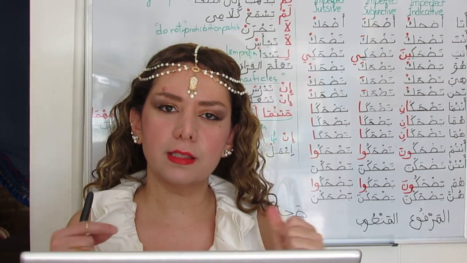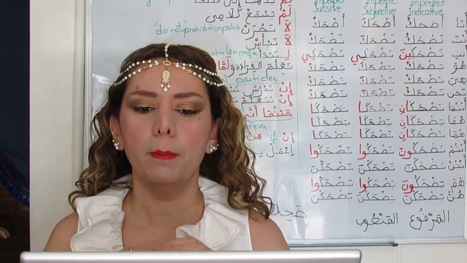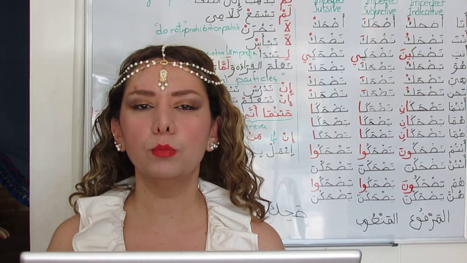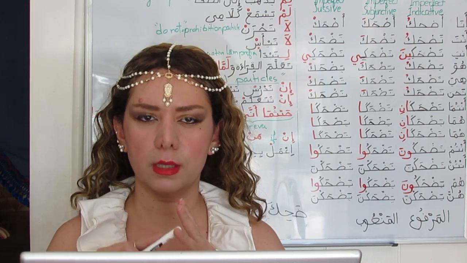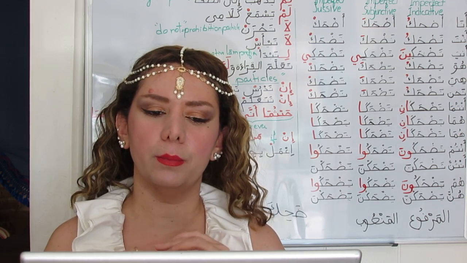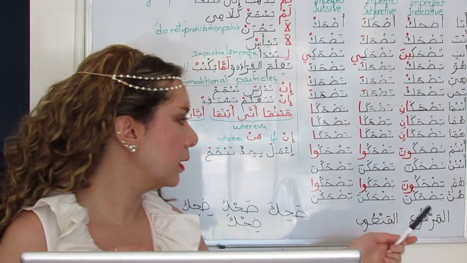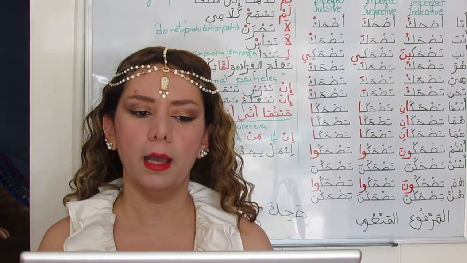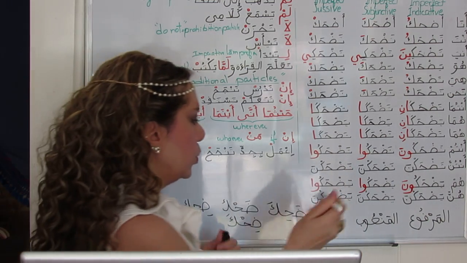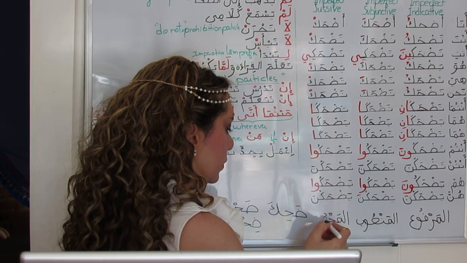So the present tense or the imperfect in Arabic may be found with one of three grammatical moods: the indicative, the subjunctive, the jussive. In traditional Arabic grammar, these verb moods are known as al-marfu', al-mansub and al-majzoom, the jussive.